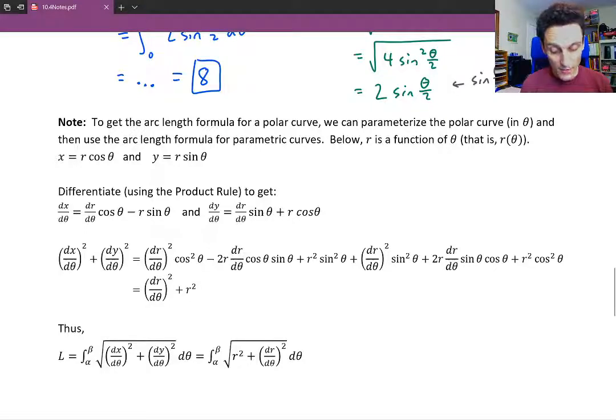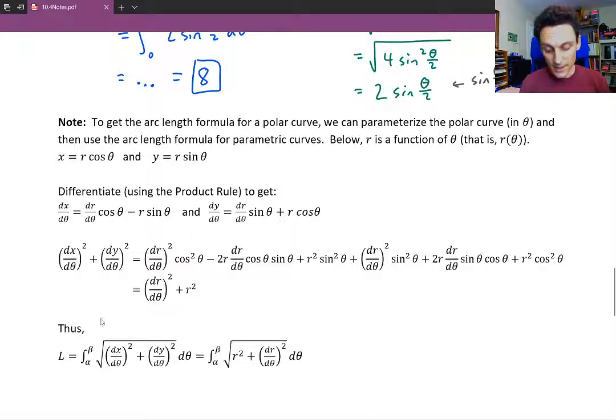The minus 2r dr d theta cosine theta sine theta thankfully cancels with the positive version of itself. Otherwise, that'd be a big giant mess. And then the r squared sine squared theta and the r squared cosine squared theta, you can factor out the r squared, and what's left turns to 1, and you just get r squared.